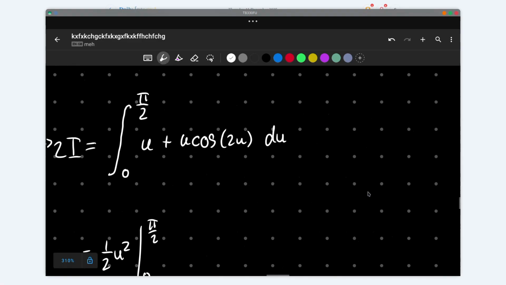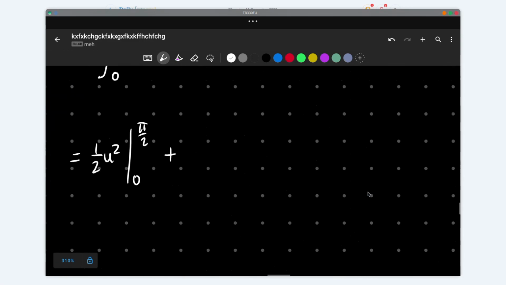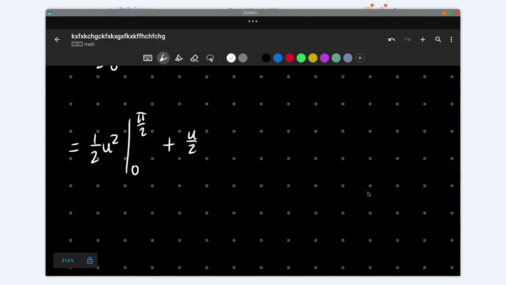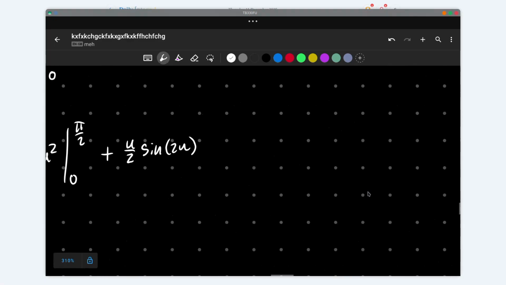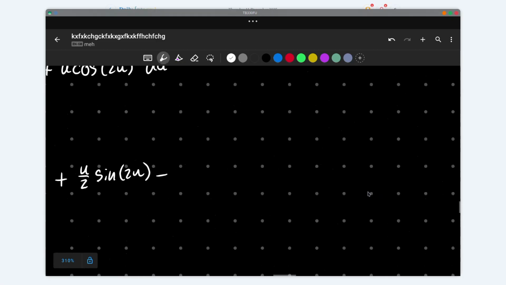Then we got the by parts. Integrate the cos 2u, differentiate the u. So that would be u over 2 sine 2u, because you're differentiating, minus, which would become a plus because of the... no, it wouldn't become a plus.